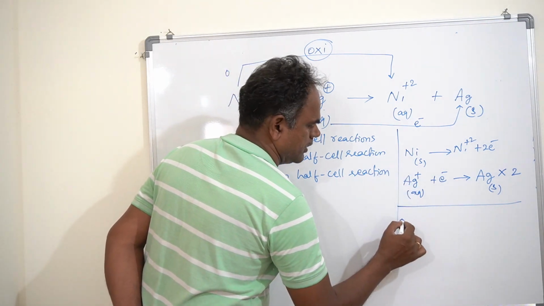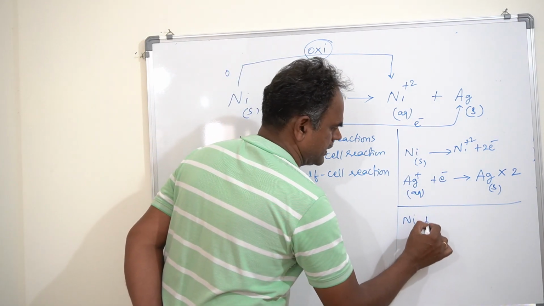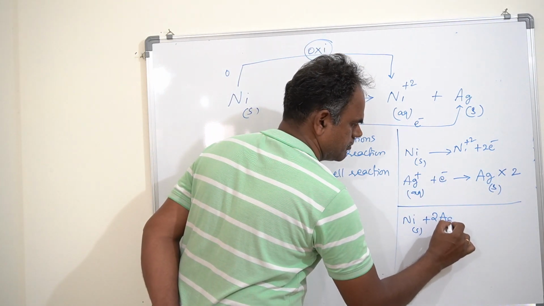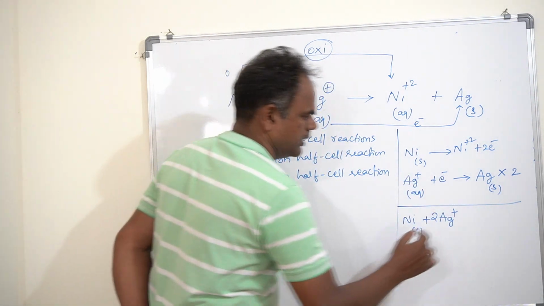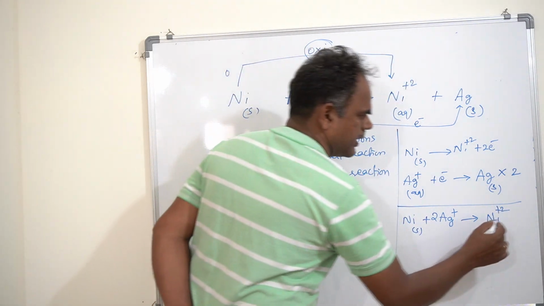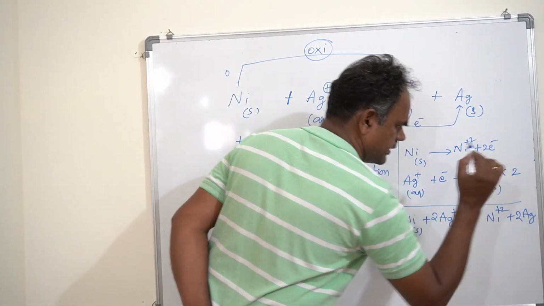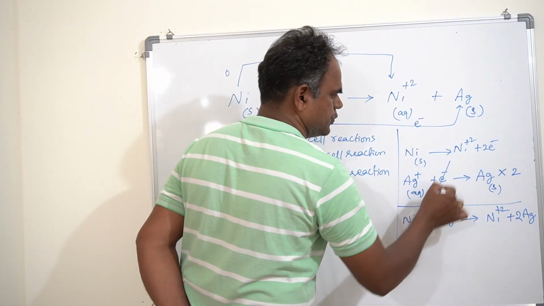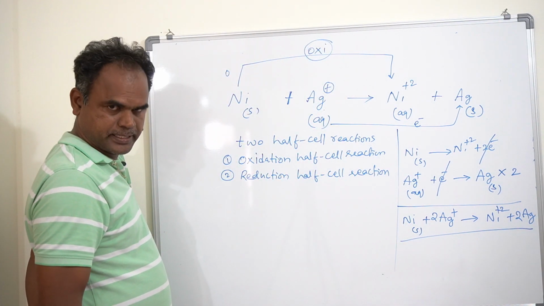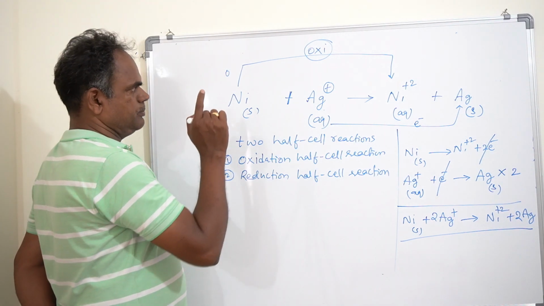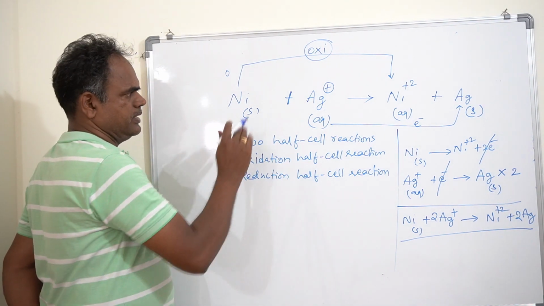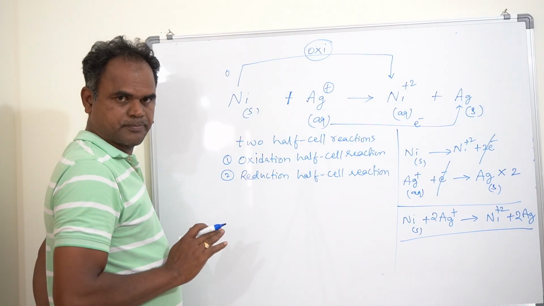So nickel solid plus 2Ag+ equals Ni2+ and 2Ag, and the 2 electrons and 2 electrons cancel. This is the redox reaction we get. Nickel is getting oxidized, silver is getting reduced, and hence this is a redox reaction.